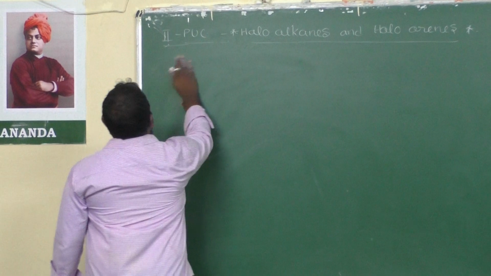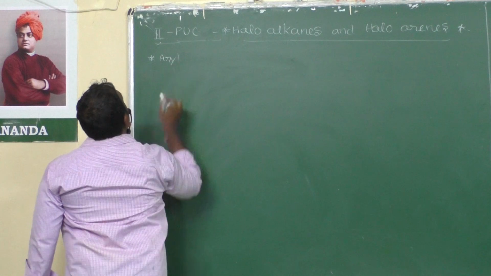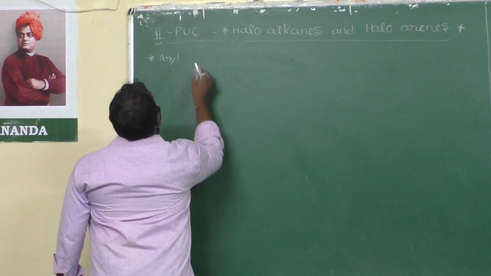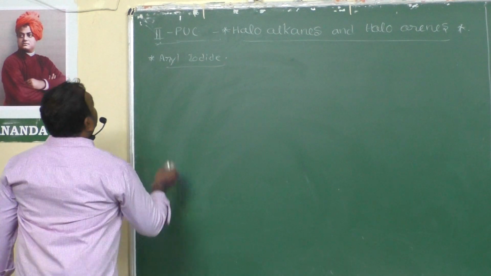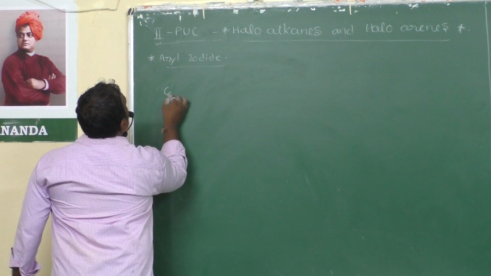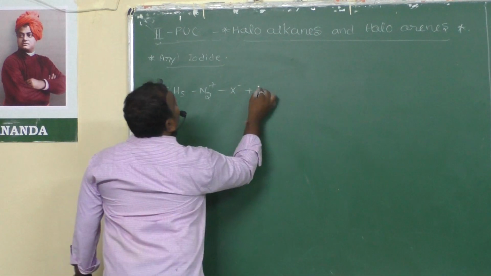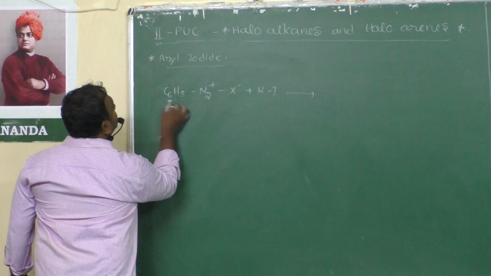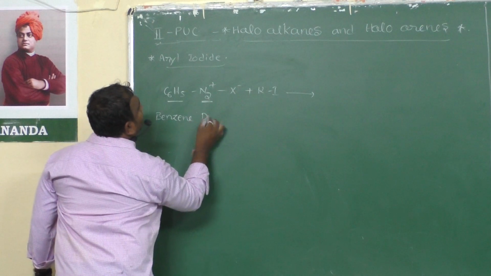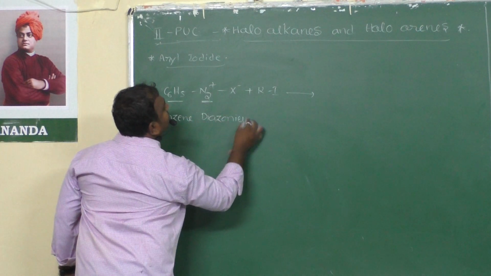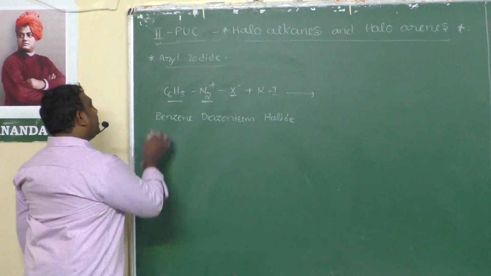Next, last one is aryl iodides. When benzene diazonium halide reacts with KI, this is benzene, N2+ is called diazonium, and X- means halide.